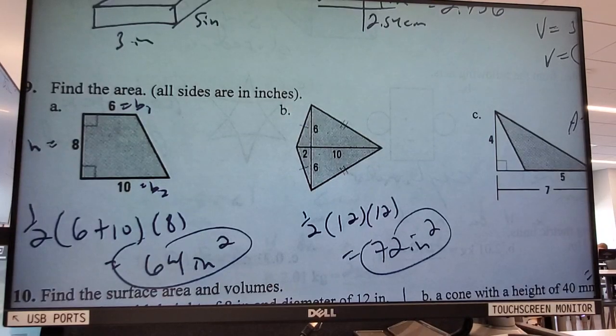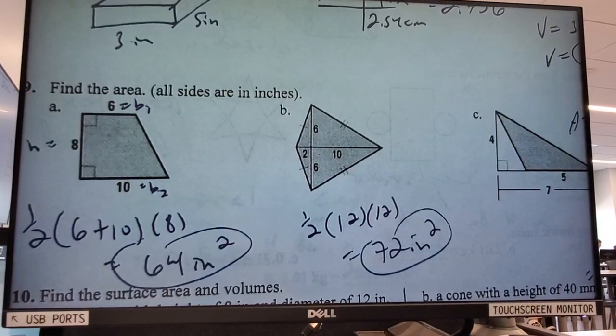And they're all right triangles. Wouldn't the area of this triangle be 1/2 times 10 times 6? And this one will be 1/2 times 2 times 6, yes? And if you put all those together, you get the same answer.